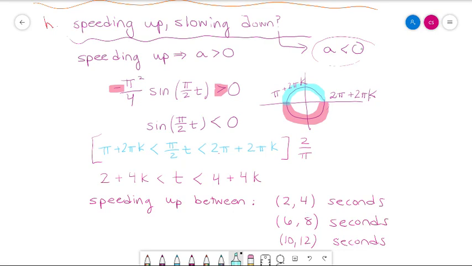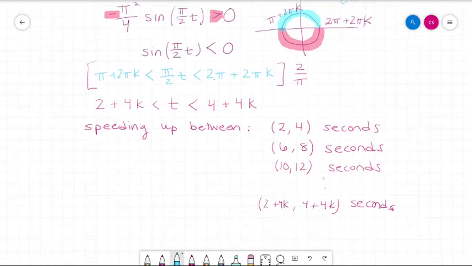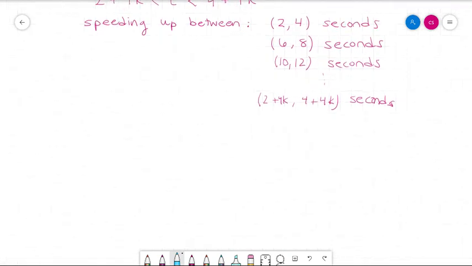So you can definitely repeat the whole process. And in this case, I'll write in blue to coordinate. You would want this to start at 0 plus 2 pi k, and then the argument pi over 2 t to pi plus 2 pi k. All right, so very similar. Go ahead and try it on your own if you'd like. But essentially, it's just the in-between spaces.